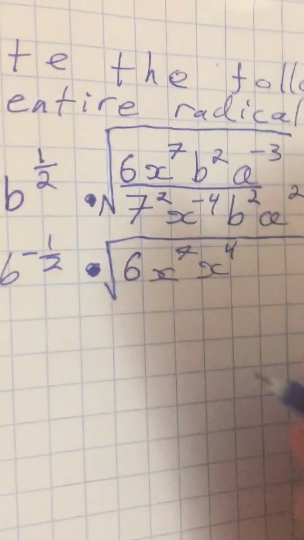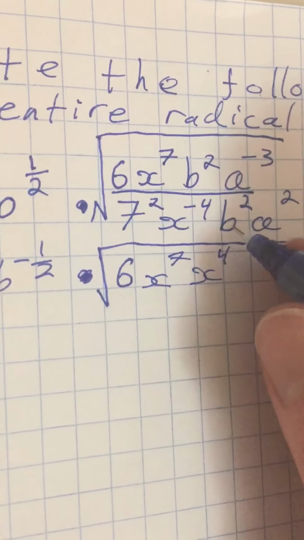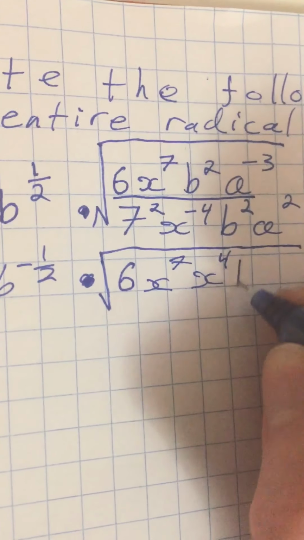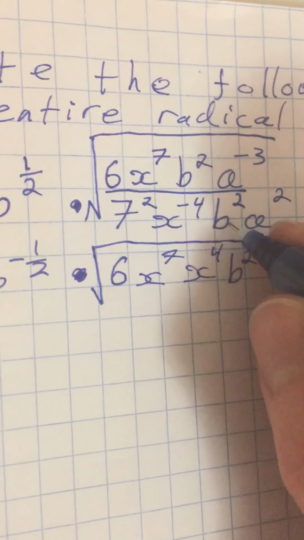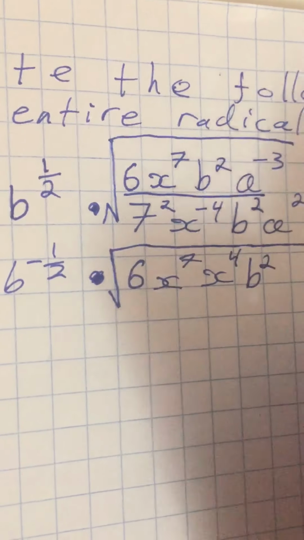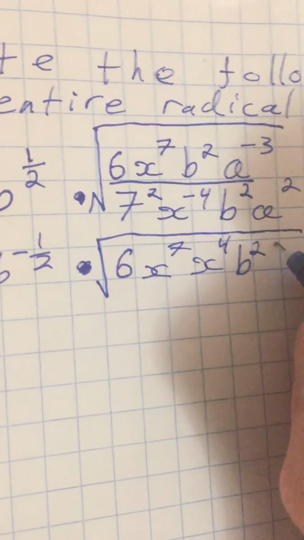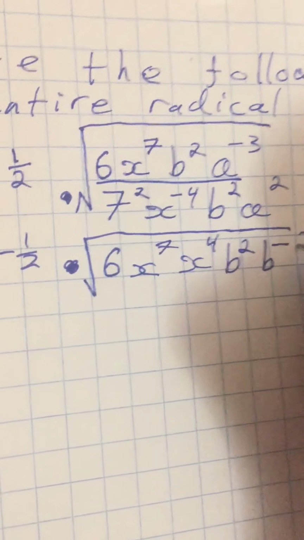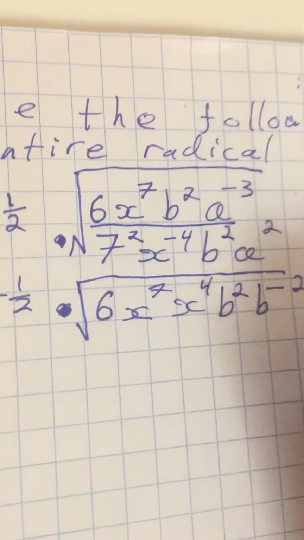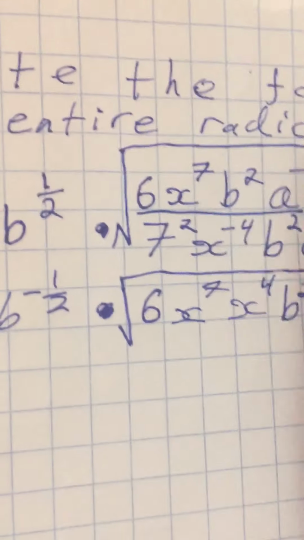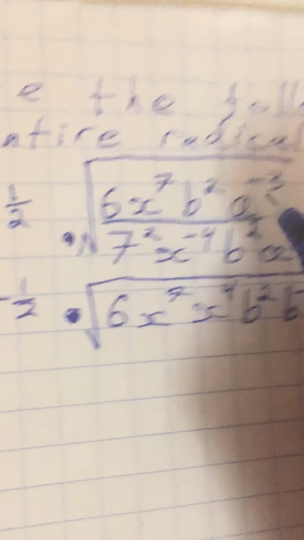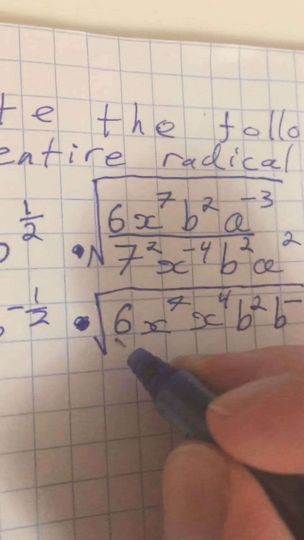And then I'll start with this b squared, and then I want to bring this up so I can multiply easily as well. So I'm going to put b to the negative 2, and I would prefer not to have this negative on the top here.